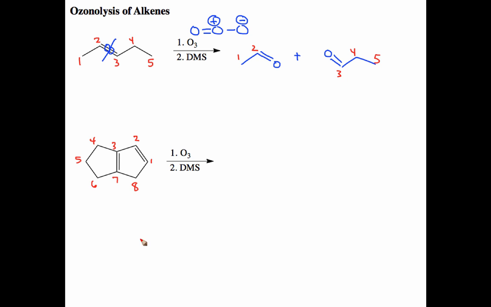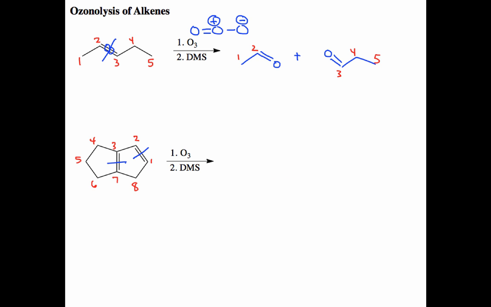We have 8 of them, and we should have 8 carbons in the products. And we're going to cleave at this alkene, and we're going to cleave at this alkene, because remember, you cleave all the alkenes in the product.